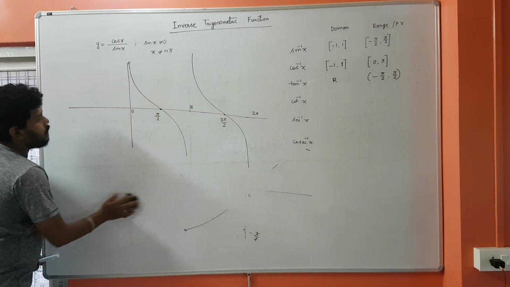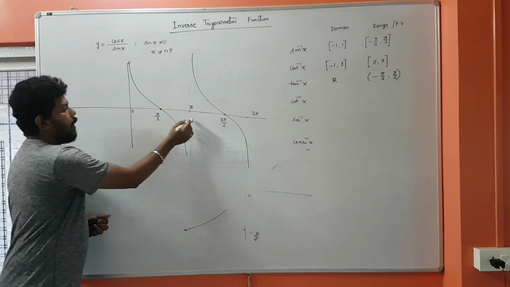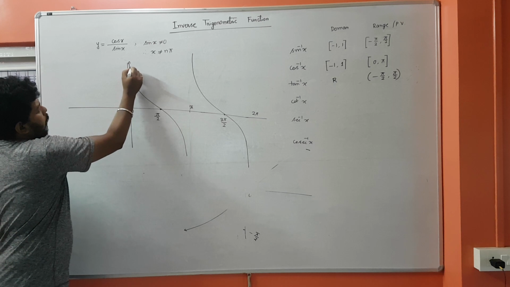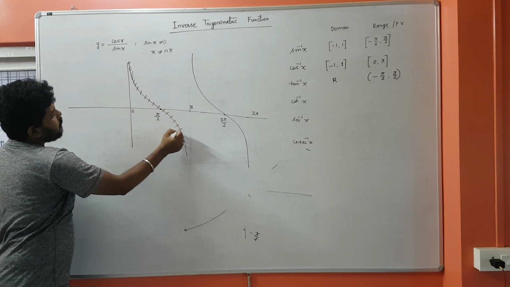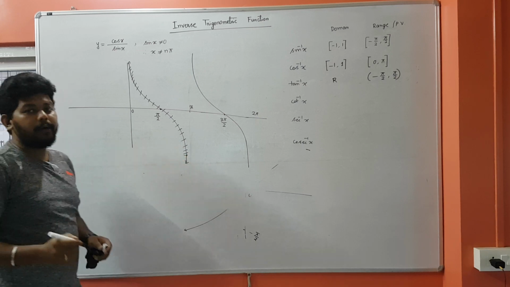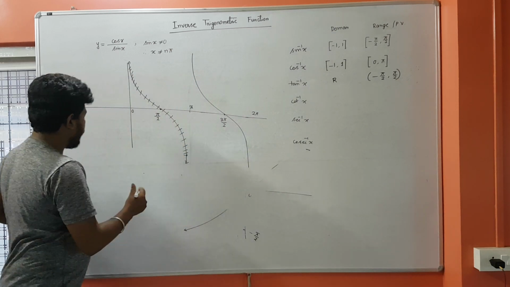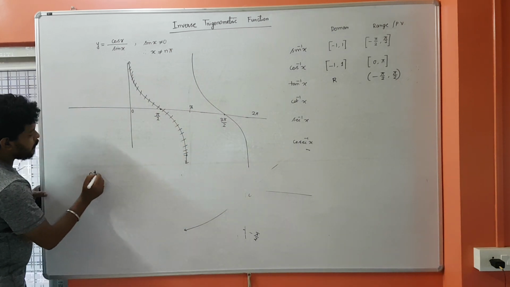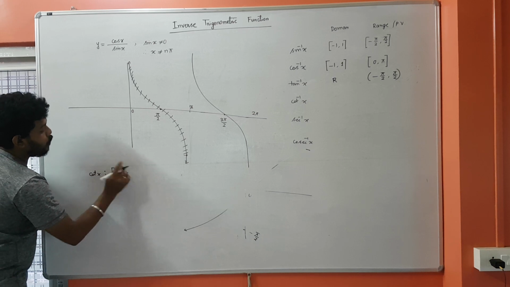If I restrict the domain of cot x from 0 to pi, we will get a 1-1 function. Because cot x is a periodic function, to make it a 1-1 function, we must restrict its domain from 0 to pi. Now, cot x has domain 0 comma pi, open interval.